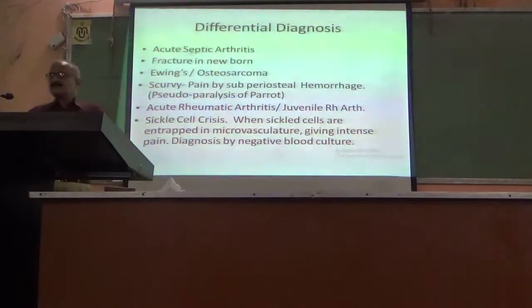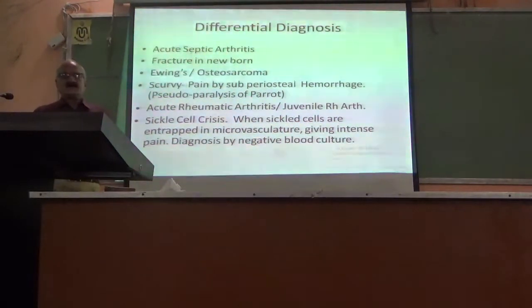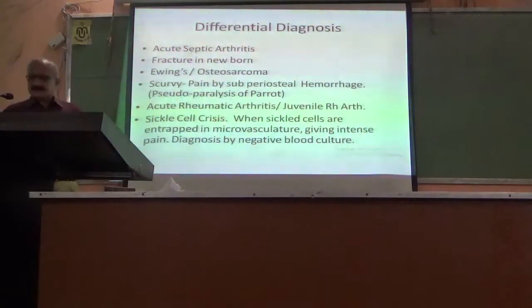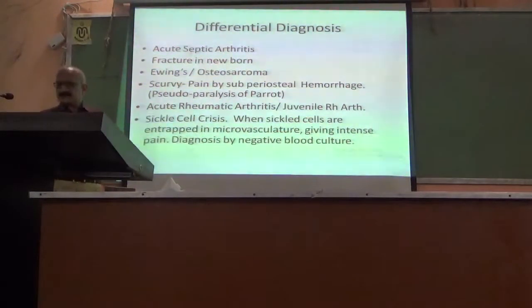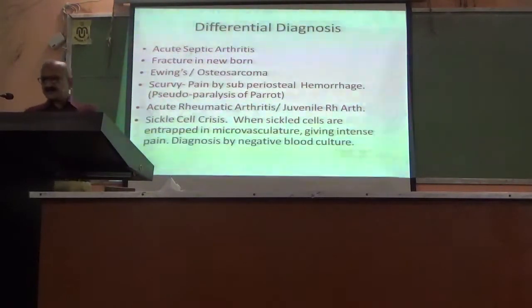We will come later on to this, but Ewing's sarcoma is a disease of the diaphyseal region that shows so many febrile symptoms that one can confuse it with acute osteomyelitis, and similar is the case with osteosarcoma.